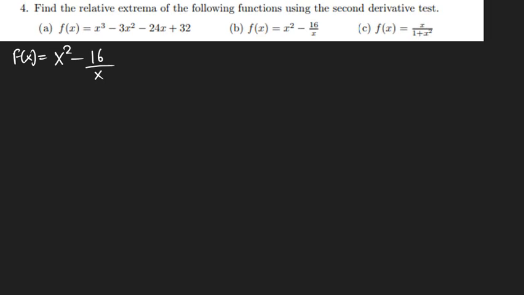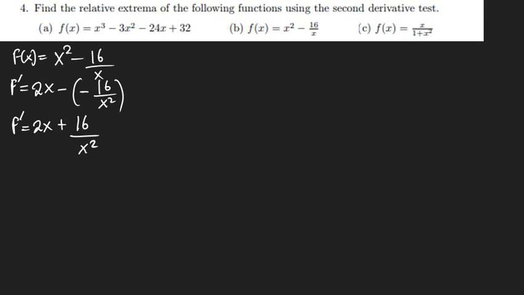So we can find dy dx of this. And of course we know that f prime, which is dy dx, is equal to 2x minus, then this is going to be minus 16 over x to the 2. So f prime is equal to 2x plus 16 over x to the 2. We make f prime equal to 0.